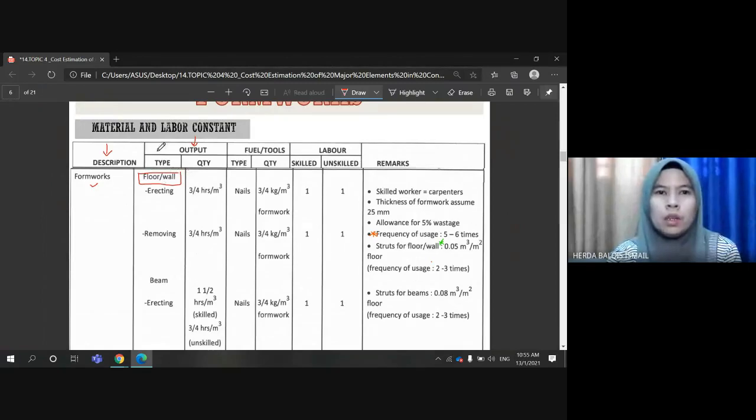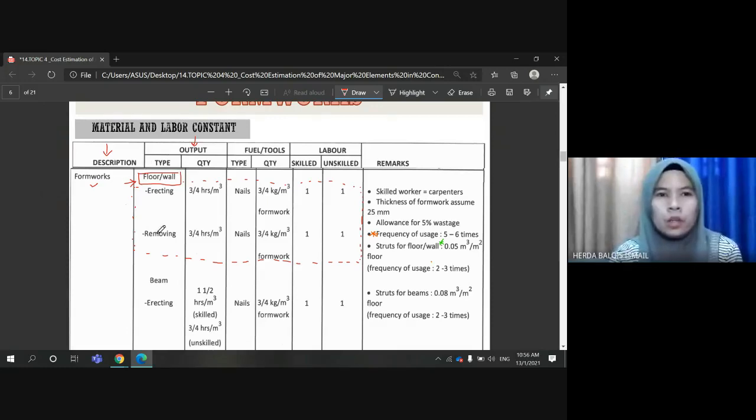If in the question, or in preparing the costing for the formwork for this particular structure, we will refer to the constant stated in this section to assist us in preparing the costing. I will explain in depth how to use this table for preparing the cost estimation for the homework.